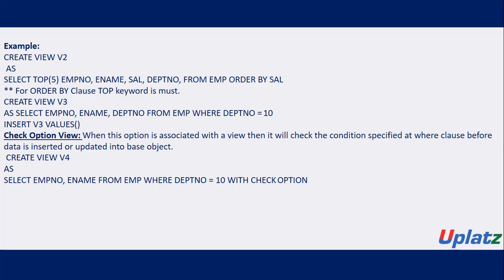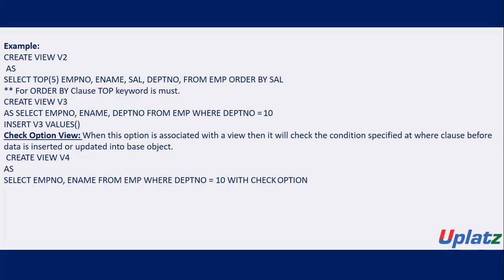We are going to another example, where we are creating a view called v2 as select top 5 employee number, employee name, salary, department number from employee order by salary.